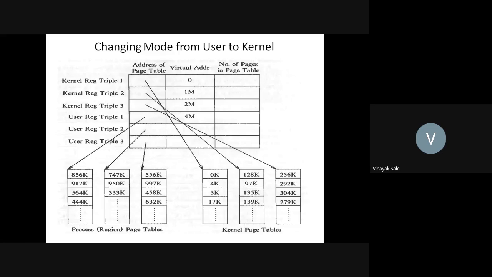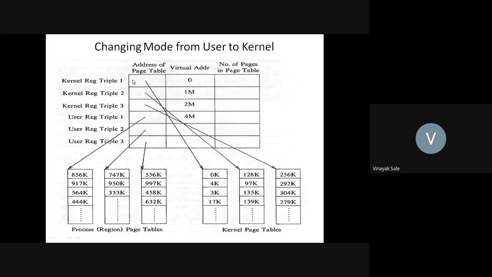In this figure, there is a change of mode from user mode to kernel mode. This is the memory address space, which contains the page table, virtual addresses and number of pages in the page table. There is an address reference from user mode to kernel mode, but such address reference is prohibited from kernel mode to user mode.